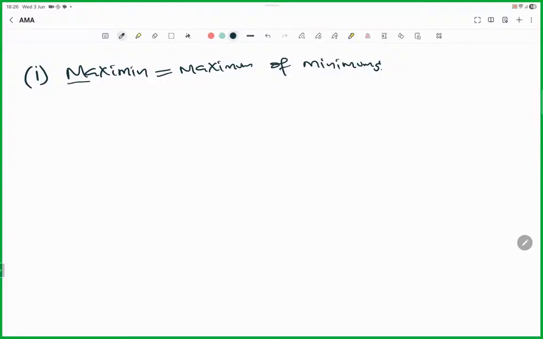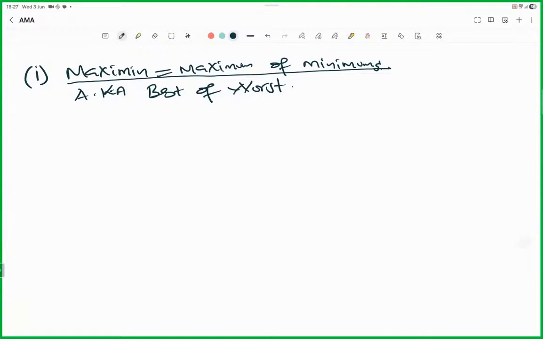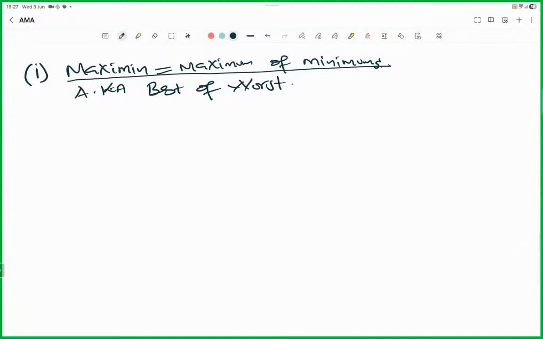Also known as best of the worst. Which kind of individuals is it used to advise? This is for risk averse.